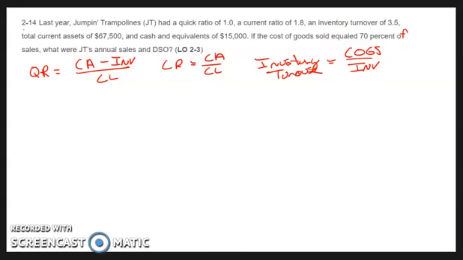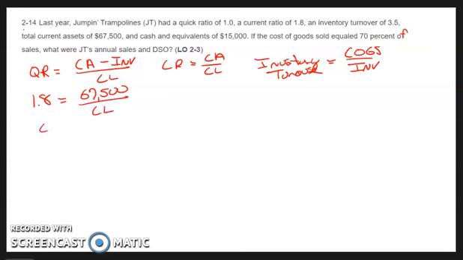So the first thing we're going to do is take the current ratio and calculate current liabilities. The current ratio is 1.8 and our current assets are 67.5 divided by current liabilities.